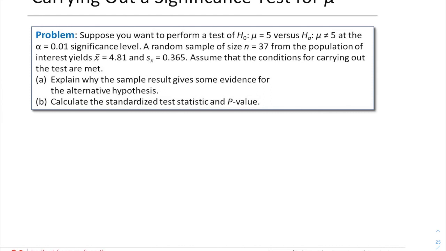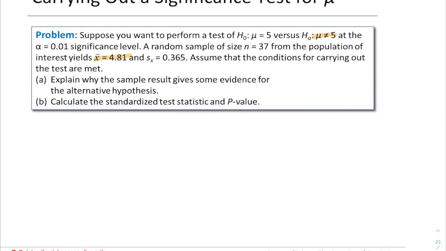Do we reject or do we fail to reject? Explain why the sample gives us some evidence for the alternative. Well, the alternative says that it's not equal to 5. We look at our sample, we have 4.81. That's not equal to 5, so it suggests that the alternative may be true.